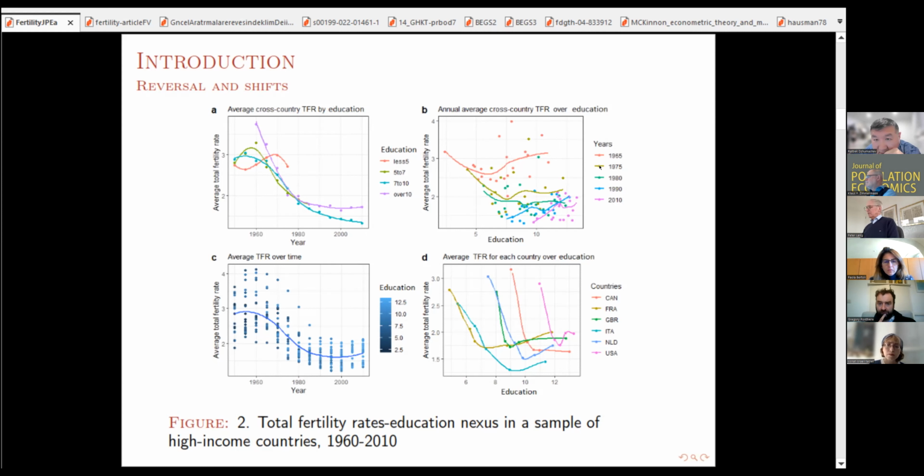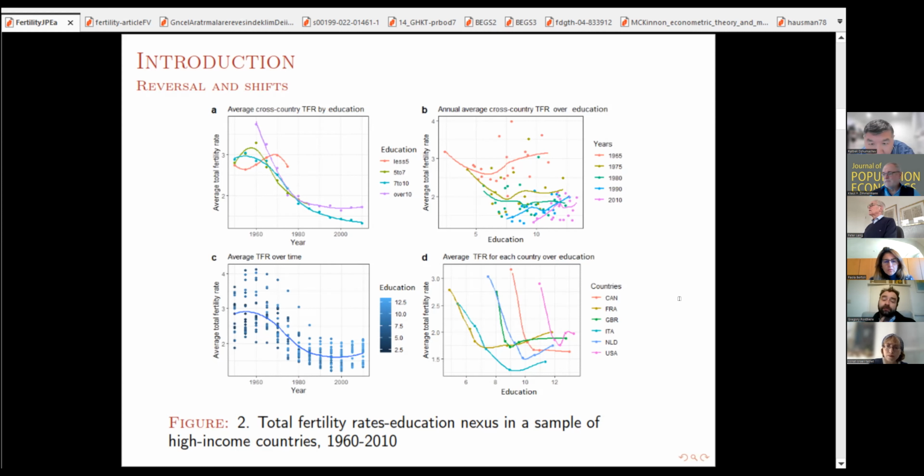For example, in 1975, it is much lower than in 1965. But if you look at the last one, 2010, you can see an upward sloping relationship, which means that again women with higher education levels are having more children.